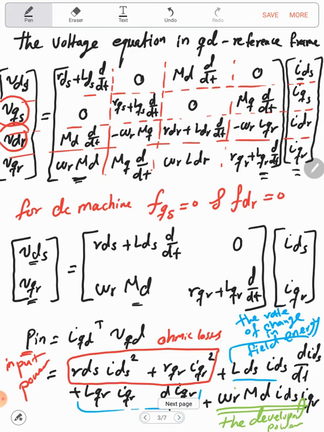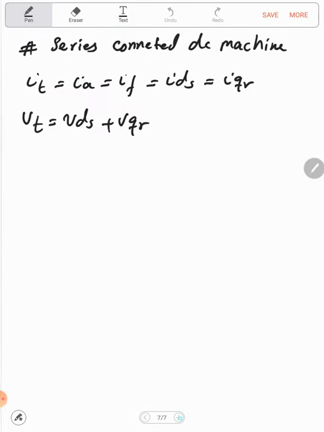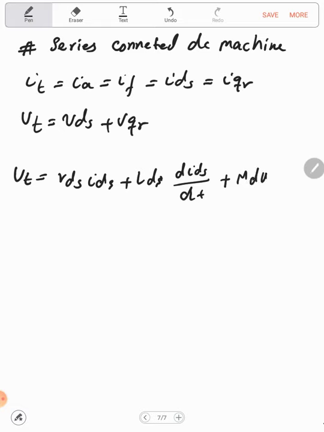So if we do so, we will end up with VT equal to RDS IDS plus LDS dIDS by dt plus M d omega r.